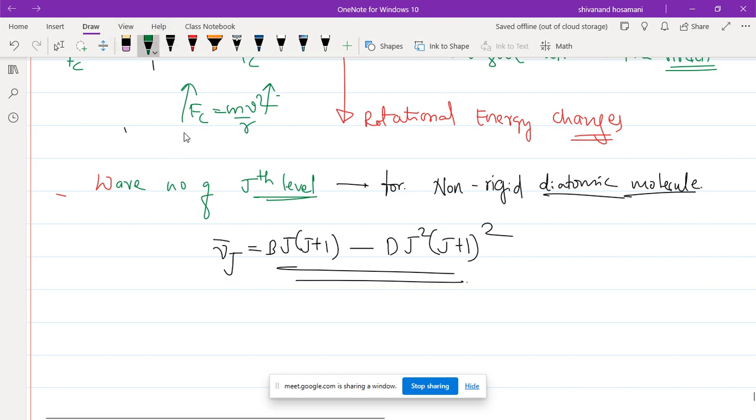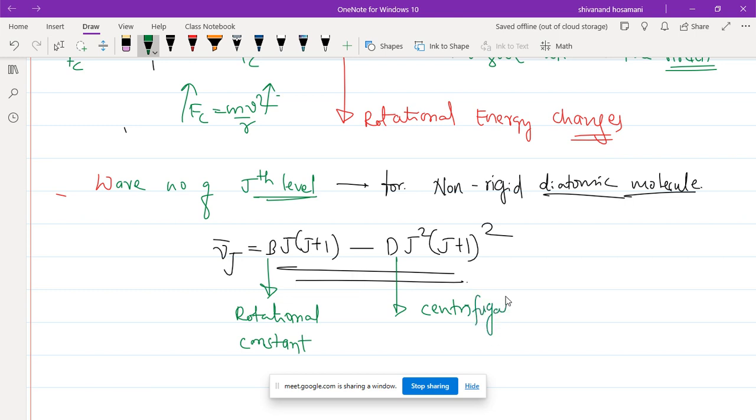B is called the rotational constant, and D is the centrifugal distortion constant. Why is it called distortion?